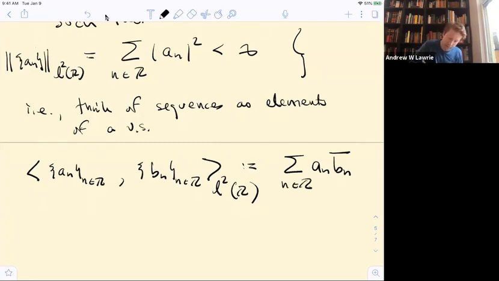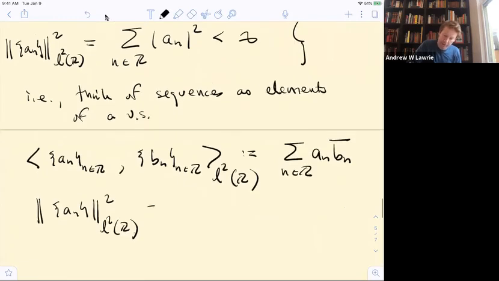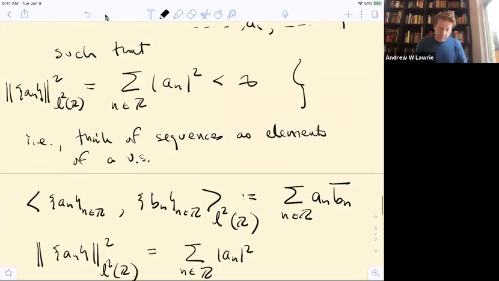And then the norm of a sequence, the little L2 norm squared, is given by the sum over n in Z of the modulus of each complex number, the absolute value, squared, and then I sum.